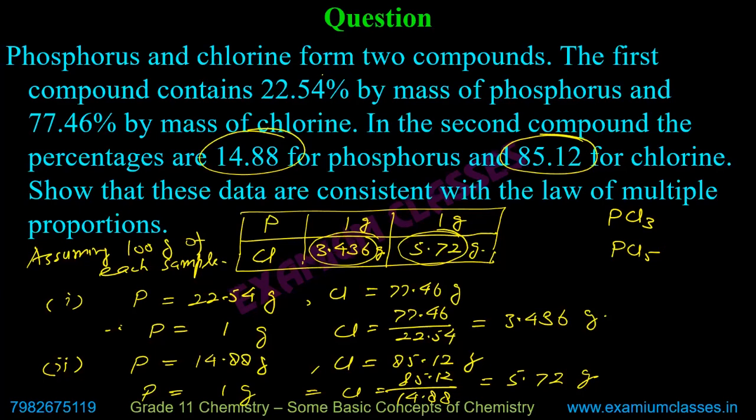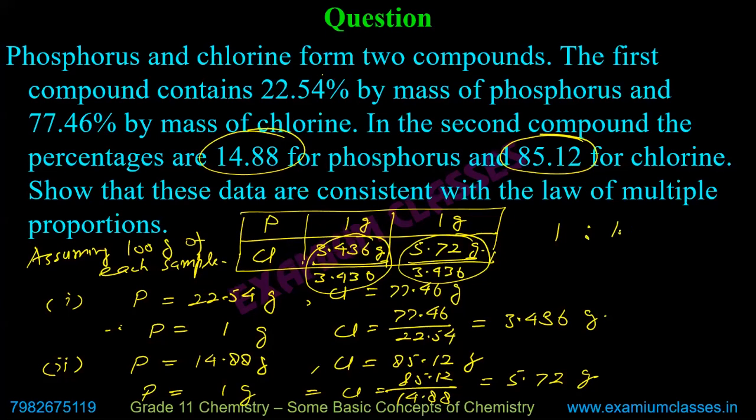How to find it? First, you will get the ratio as 1:something. So if you divide both by 3.436, then you will see this will be 1, and this one will be 1.666.